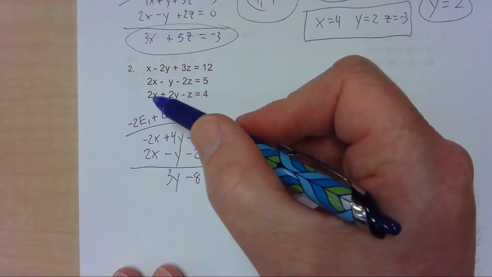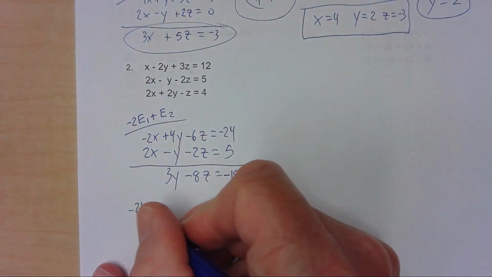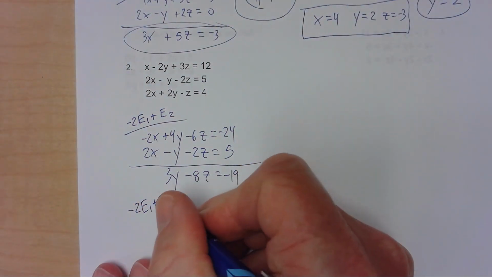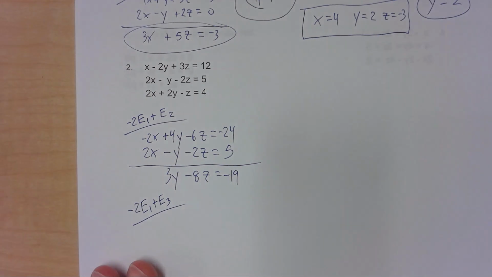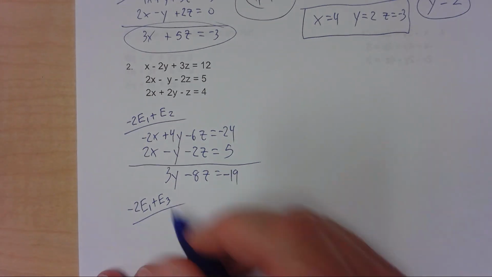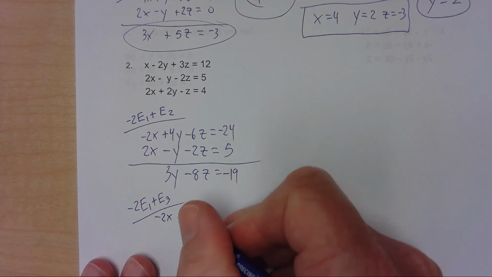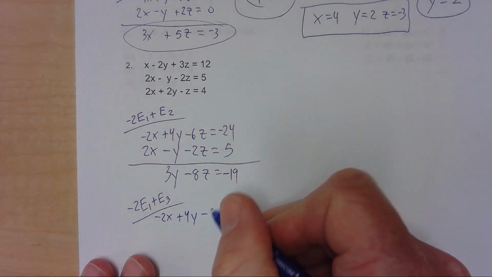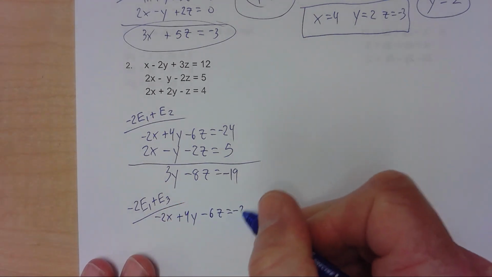Now I'm going to do the same thing again, except I'm going to add it to the third equation. So it's negative 2 times the first equation plus the third equation. I've already done negative 2 times the first equation, so I can just copy that down: negative 2x plus 4y minus 2z is equal to negative 24.